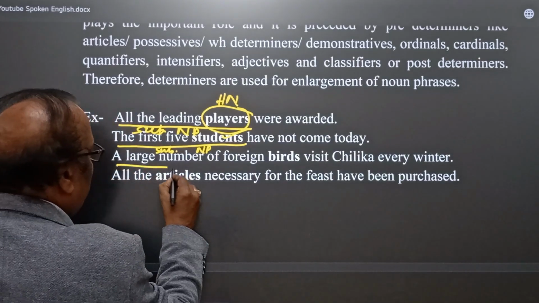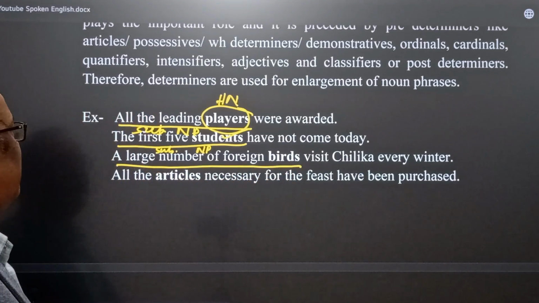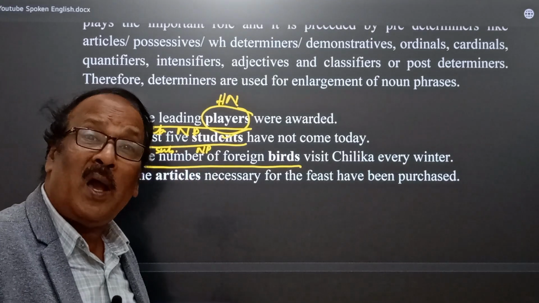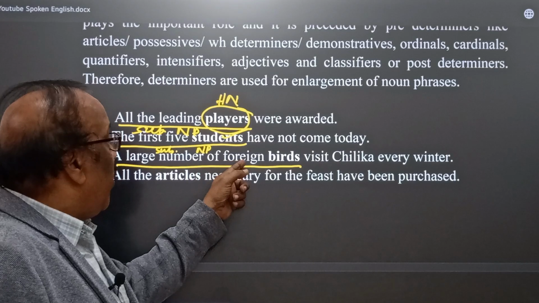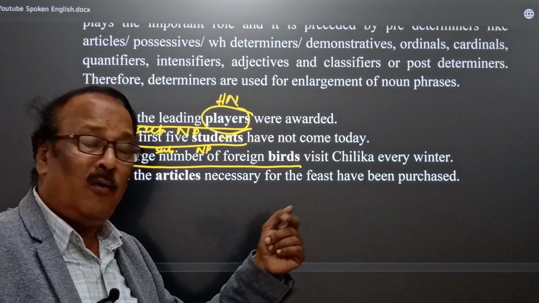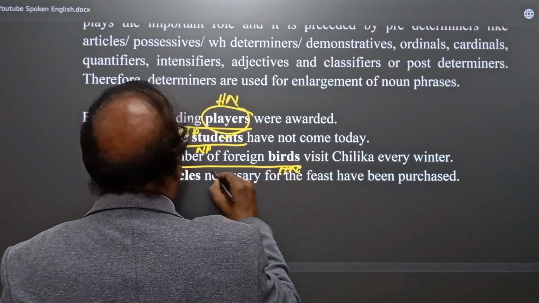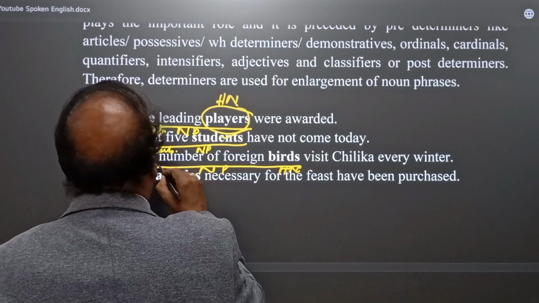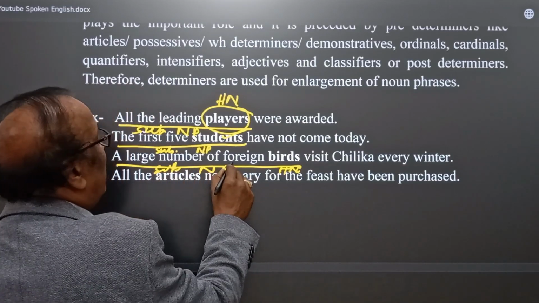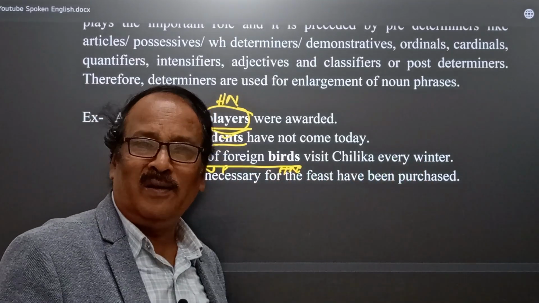Similarly, a large number of foreign birds or migratory birds. A large number of, quantifier, foreign adjective, birds head noun. Here we find head noun and a noun phrase, subject. A large number of foreign birds visit Silica every winter.